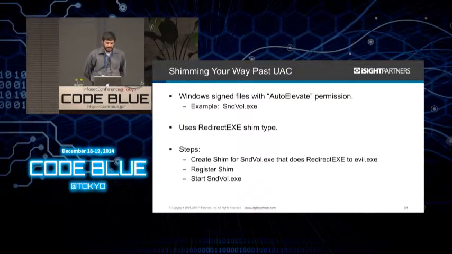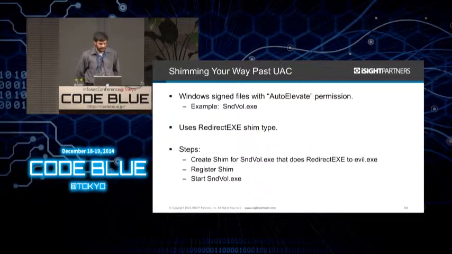So I think early on, Microsoft figured out that people are getting annoyed by a UAC prompt happening all the time. So every time you want to go change your volume, there'd be a UAC prompt, another UAC prompt. And so Microsoft created this auto-elevate permission. And they say, okay, well, I know sound volume is safe, and I automatically want it to elevate to administrator privileges.